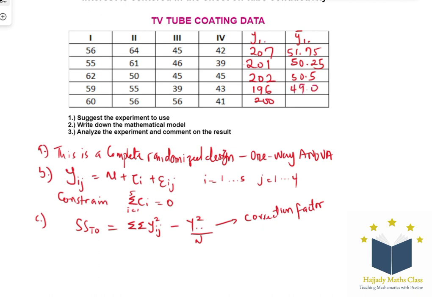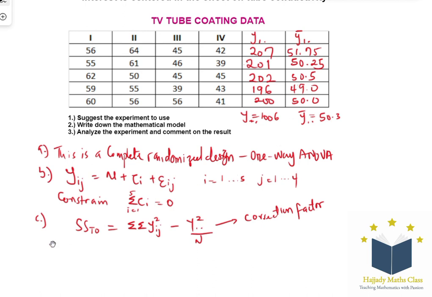And lastly, I'm going to have 50.0. So y dot dot, the grand total, summing this column together, I'm going to have 1006. And the grand mean, y dot dot bar, is going to give me 50.3, which is the average of this column.